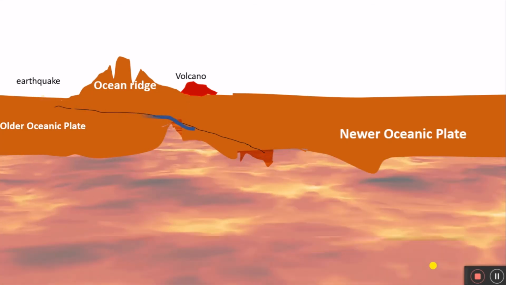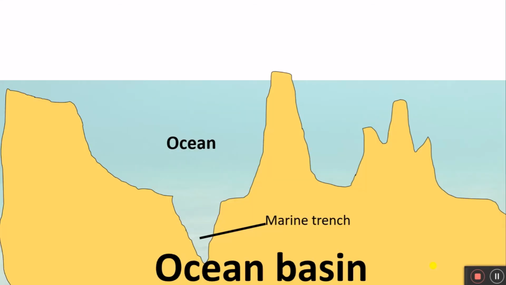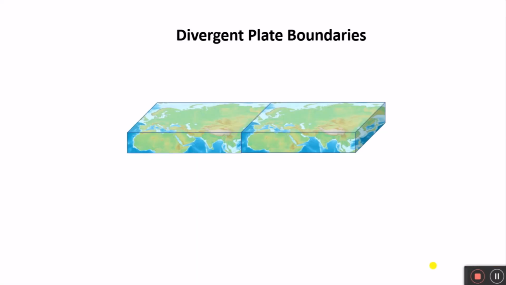Deep marine trenches are typically associated with subduction zones, and the basins that develop along the active boundaries are often called foreland basins. The next type of plate boundary is divergent plate boundaries, or constructive plate boundaries.